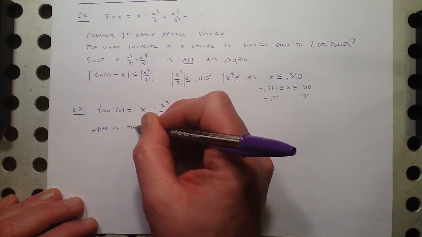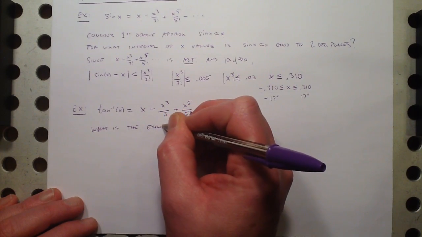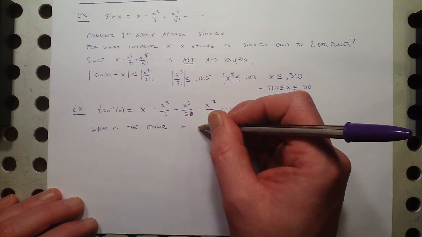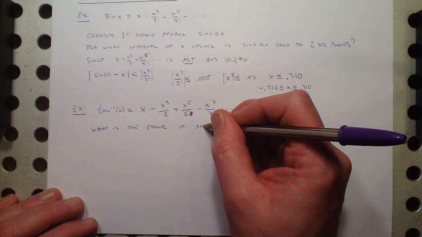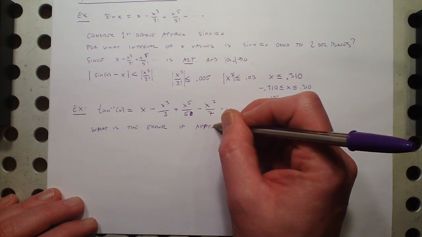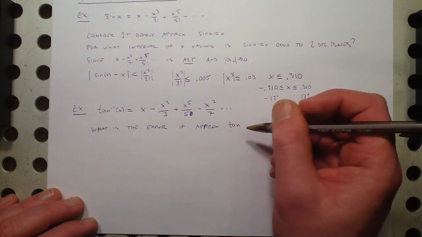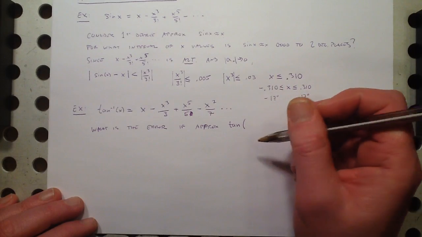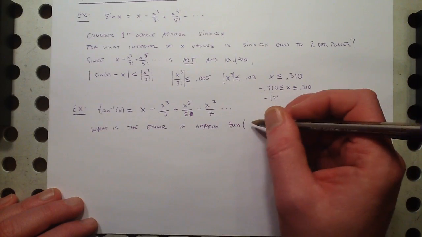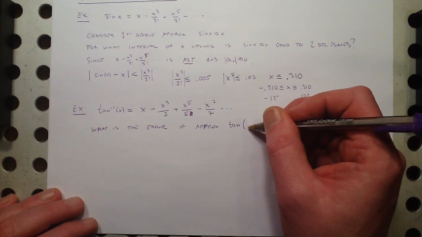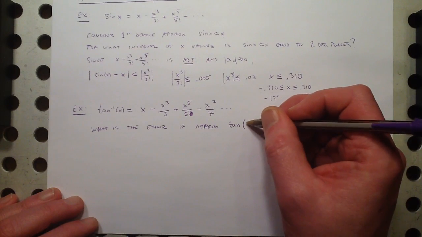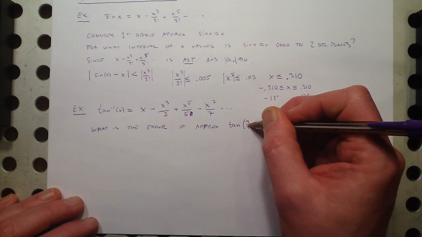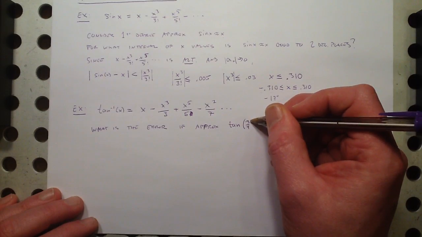So, we might ask, what is the error if we approximate the tangent inverse of 3/4?